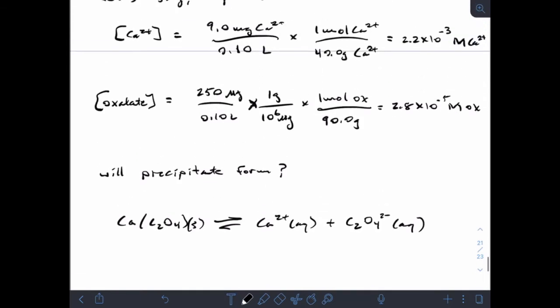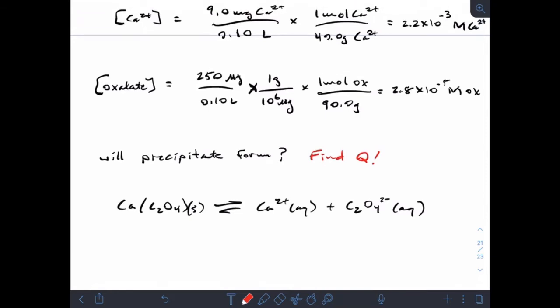Given this information, the easiest way to determine a simple yes or no, will a precipitate form, is to find Q. Remember, Q tells us which direction an equilibrium will go in order to establish equilibrium. Finding Q will simply give us the yes or no answer. My Q expression is the same as my K expression, just like before, so we could say Qsp.